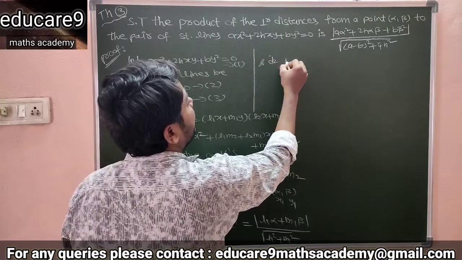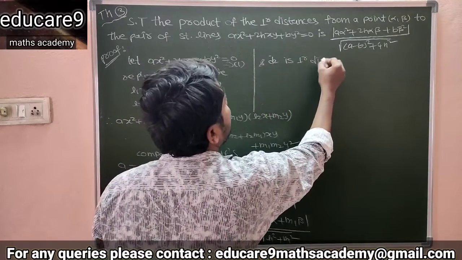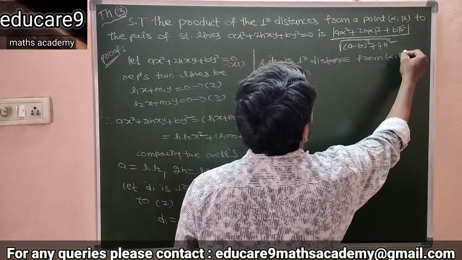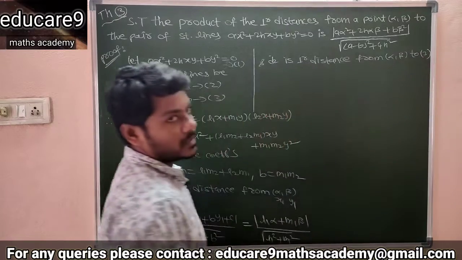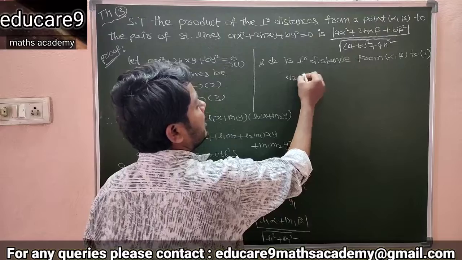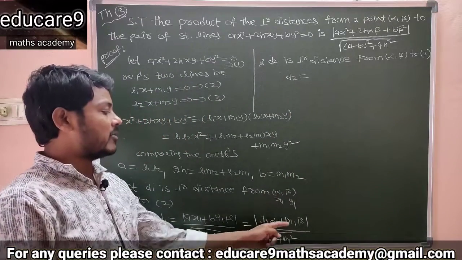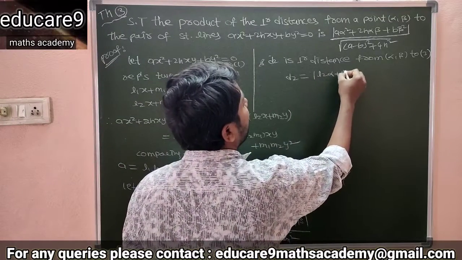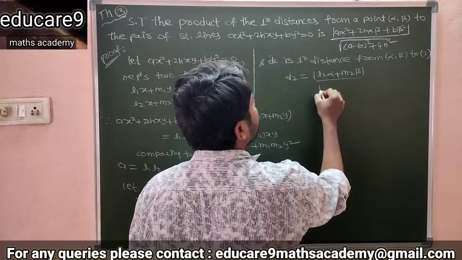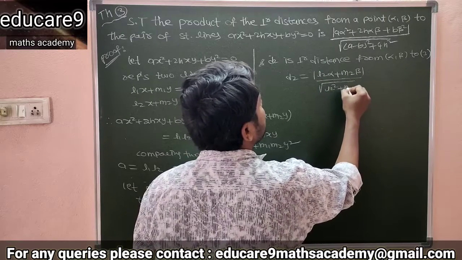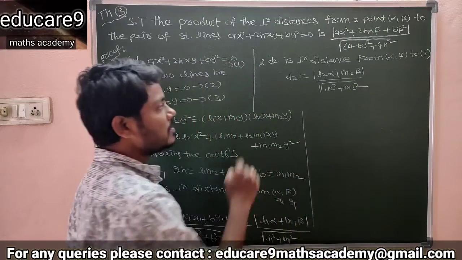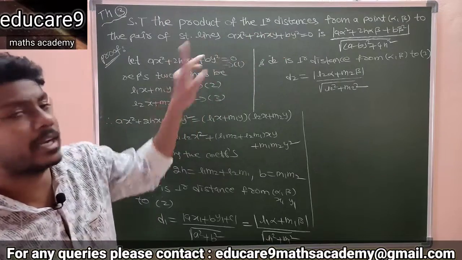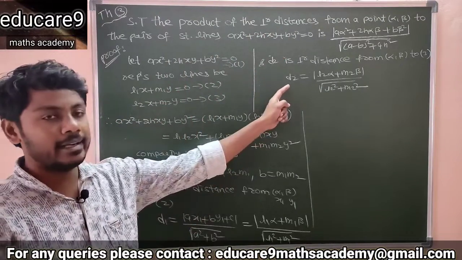Next, similarly, D2 is the perpendicular distance from (alpha, beta) to equation 3. We have to use the same formula, replacing L1 M1 by L2 M2. That is modulus of L2 alpha plus M2 beta, divided by square root of L2 square plus M2 square. Now the product of the perpendicular distances from the point to the straight lines, that means D1 and D2.